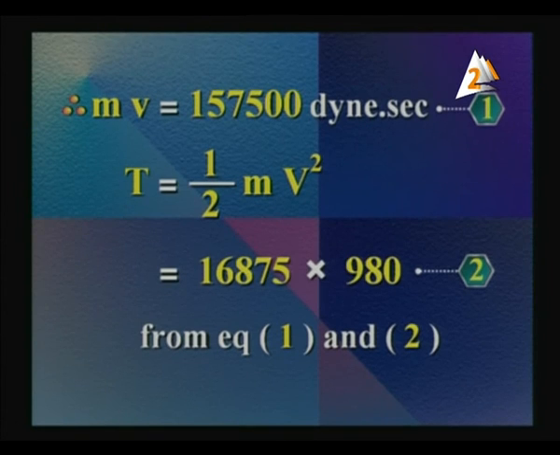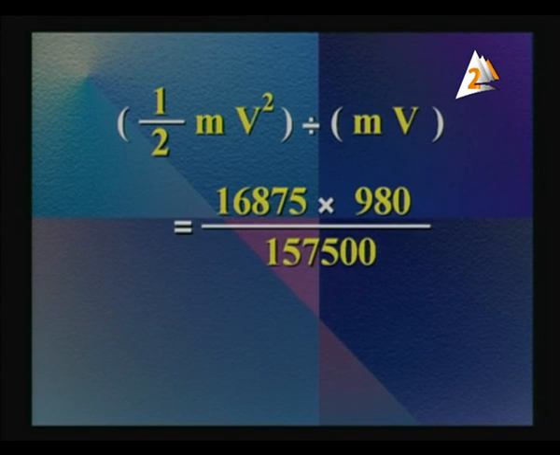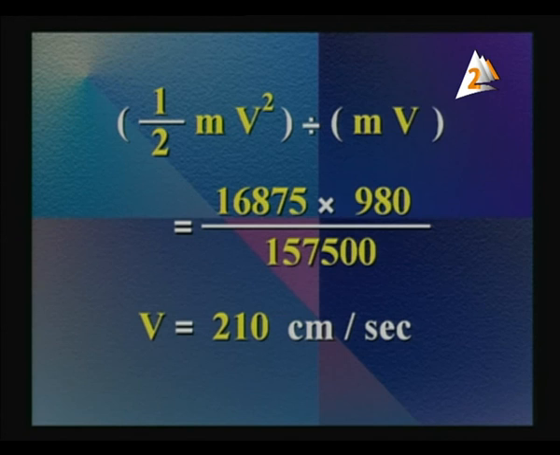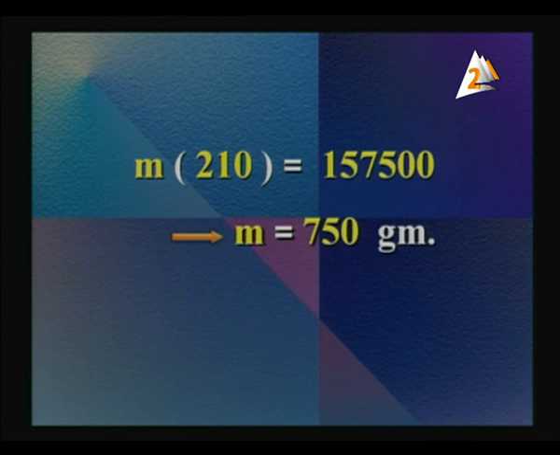Now, from the two equations, by division, we get that half mv square divided by mv equal 16,875 times 980 divided by 157,500, and we get that V equal 210 centimeter per second. And from the first equation, we get that M times 210 equal 157,500, or M equal 750 gram.